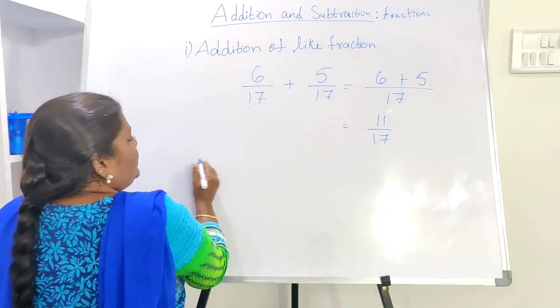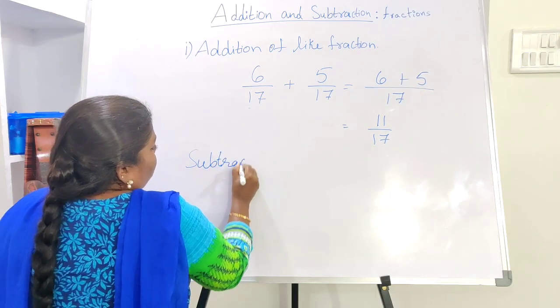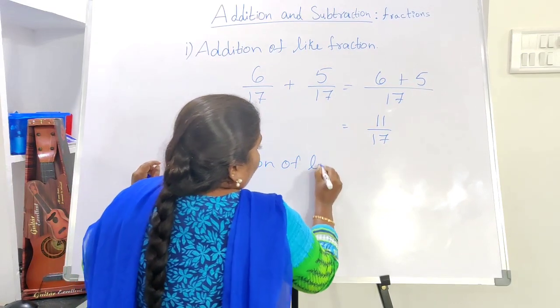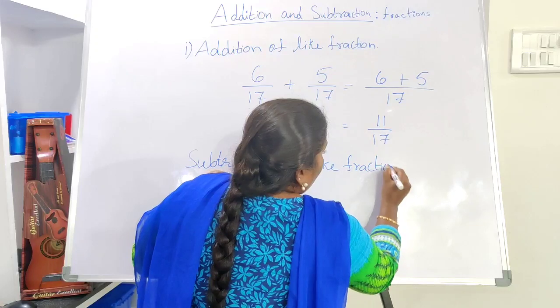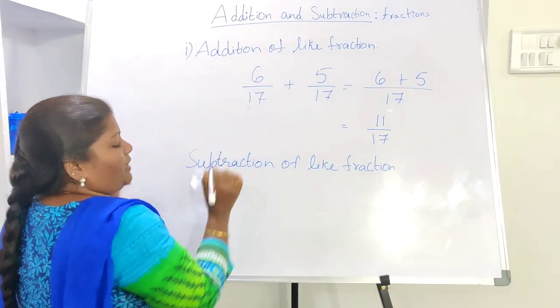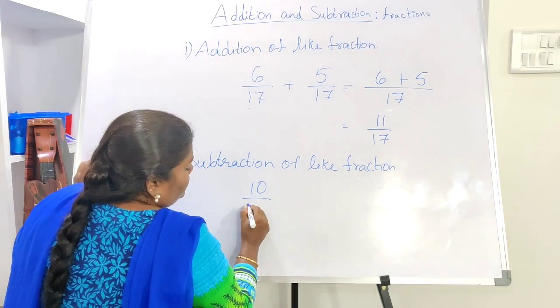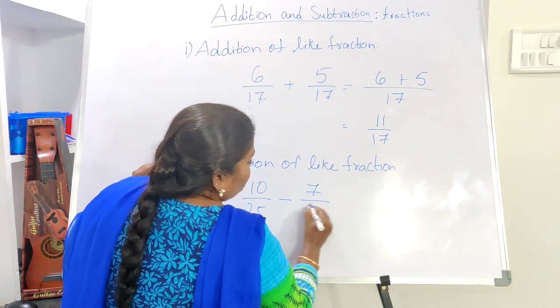And if it is subtraction of like fraction, it is just similar to the addition, but here you are going to do the subtraction. Let me take 10 by 25 minus 7 by 25.